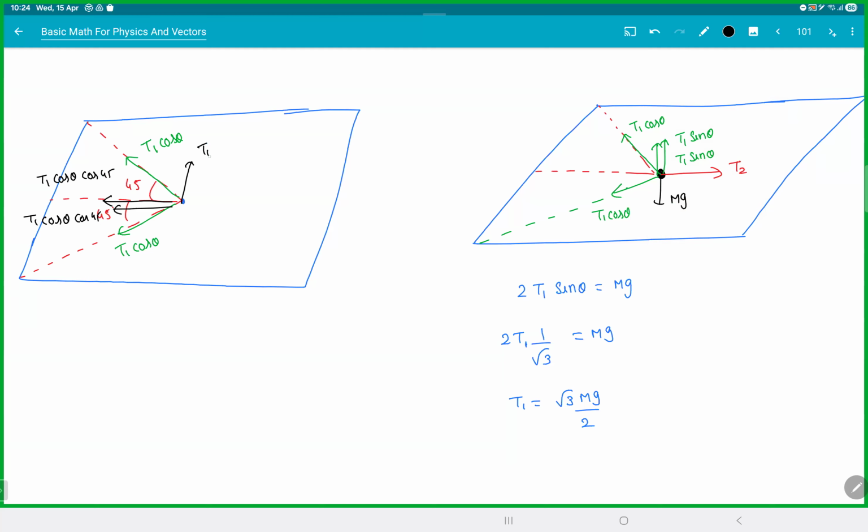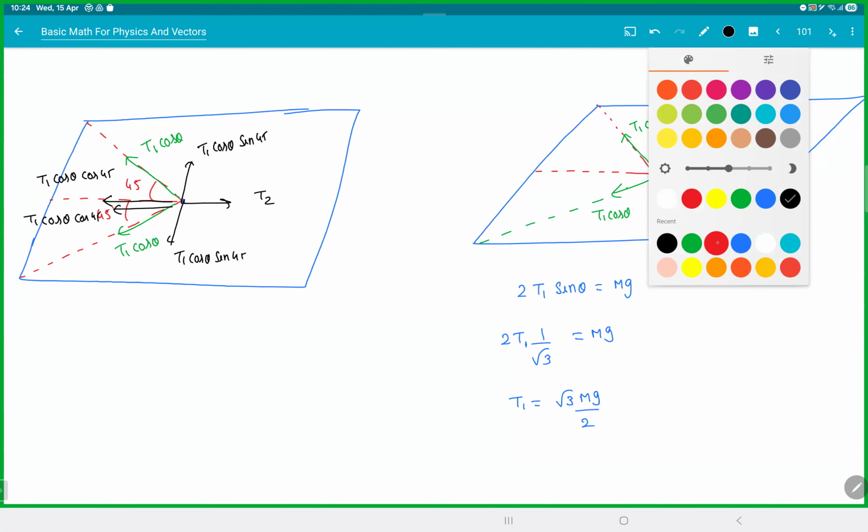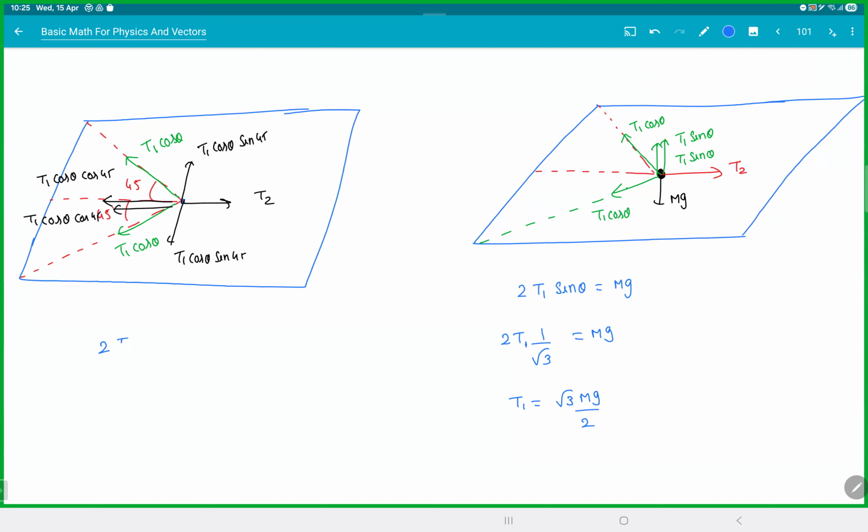In this direction we get T1 cos theta sin 45. And this will be T1 cos theta sin 45. And this was your T2. There you can clearly see the sin 45s will cancel out. You will be left with 2 times T1 cos theta cos 45 is T2.